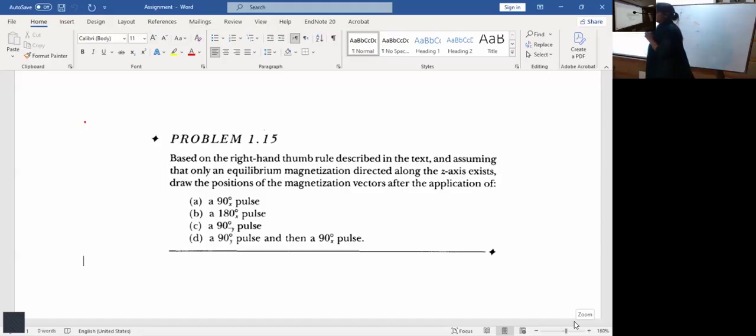Or otherwise, if you are not providing any pulses and you allow your nuclei to get relaxed, then ultimately it will come back to your Z axis. But that will take time. If you are not applying any pulse and you want it back to the Z axis, just allow the nuclei to get relaxed. It will release the energy and it will again come back to its equilibrium position. Okay? If there is any other question you can ask.